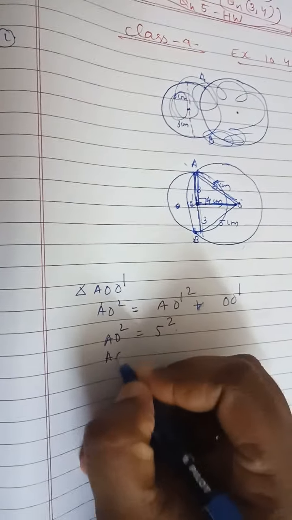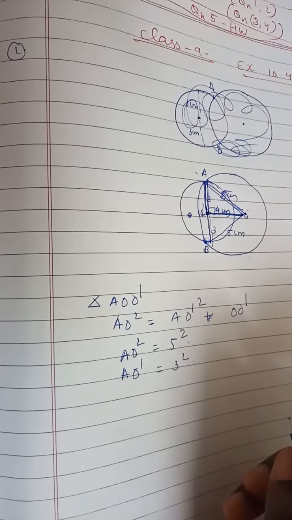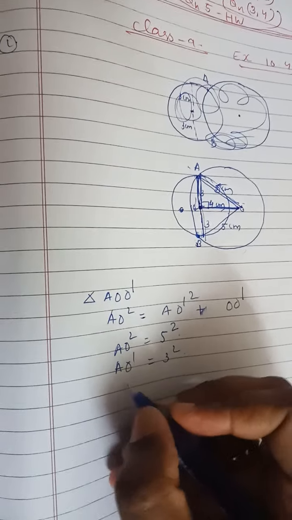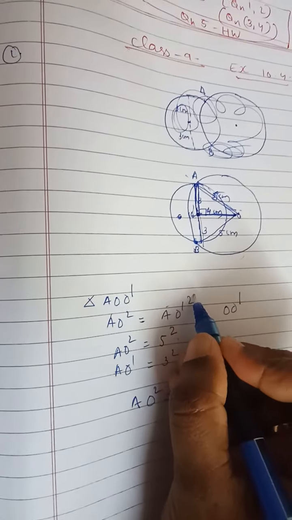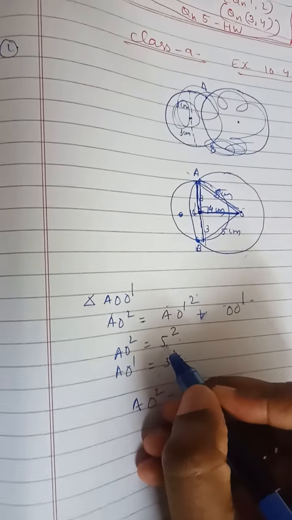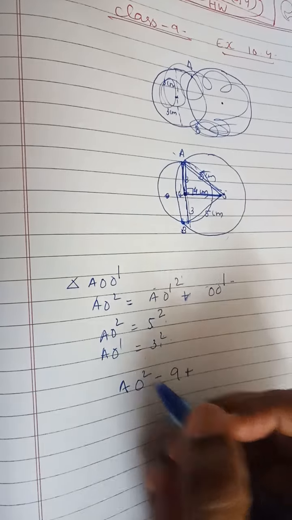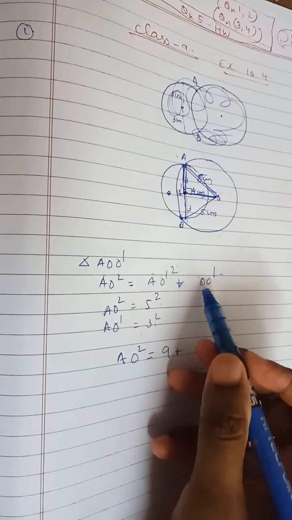So AO dash square is equal to 3 square, which is 9, plus OO dash square.